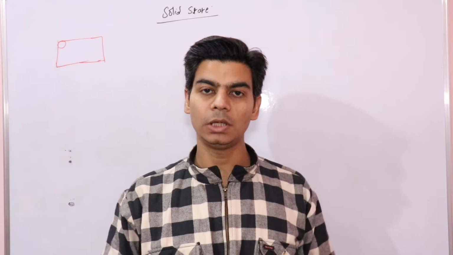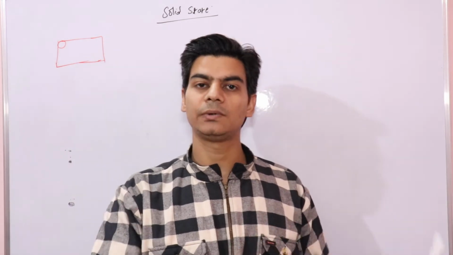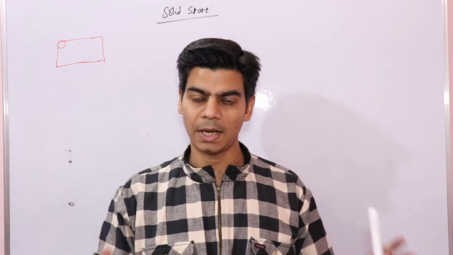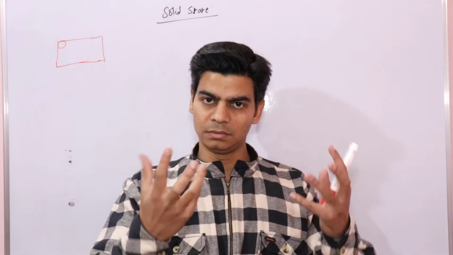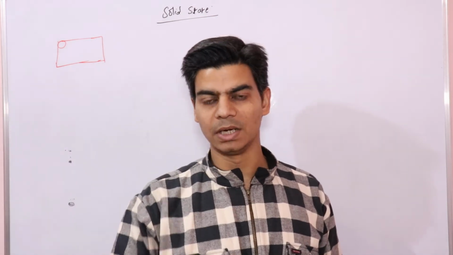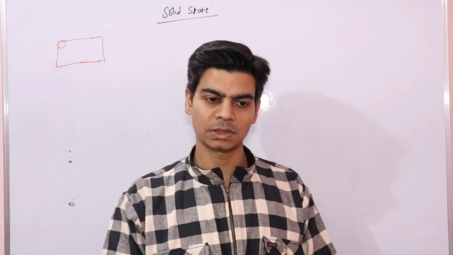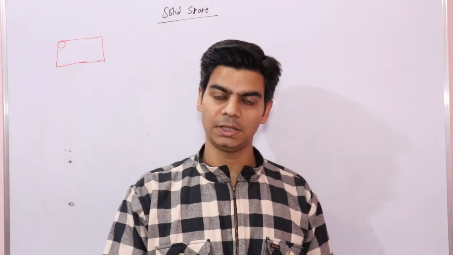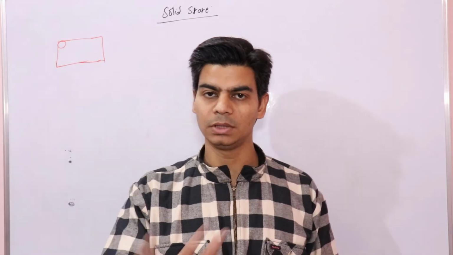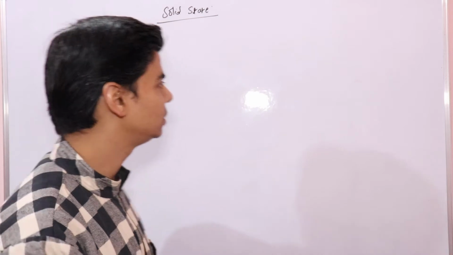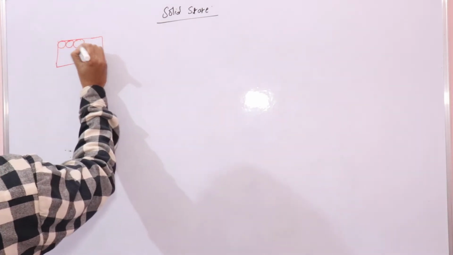The intermolecular distance in gases between these particles is maximum, and in the solid state it is minimum. In liquids, it is more than that of solids and less than that of gases.